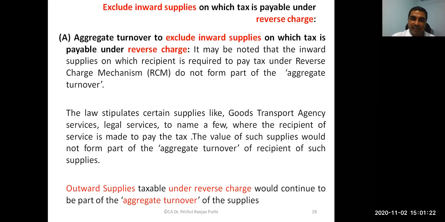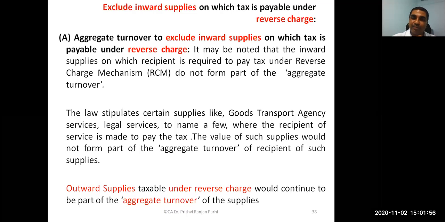You might know there are certain services, certain supplies on which tax is payable on reverse charge basis. We had already discussed in our initial discussions various kinds of supplies to which reverse charge mechanism is applicable. For example, goods transport agency, legal services. Usually, the person who is providing the supply collects GST and deposits it with the government.